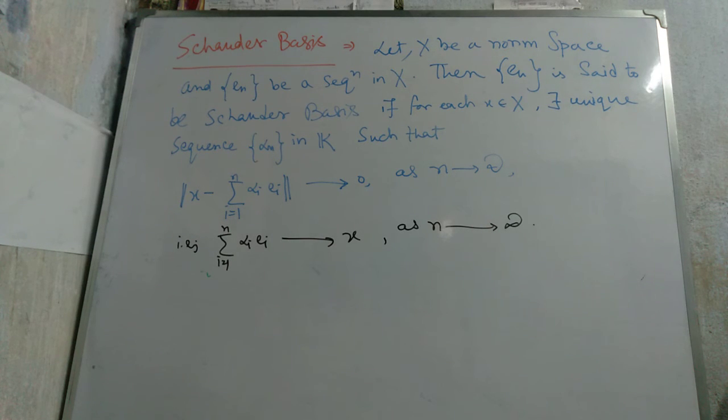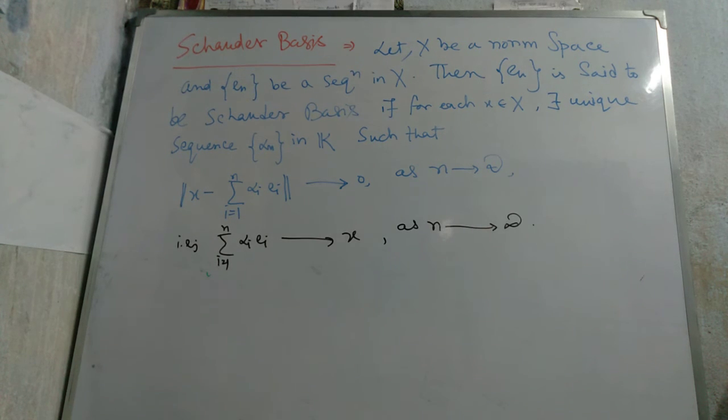Let X be a normed space and En be a sequence in X. Then En is said to be a Schauder basis if for each x belongs to X, there exists a unique sequence alpha n in K such that the norm of x minus the summation i equal to 1 to n of alpha i Ei tends to 0 as n tends to infinity.